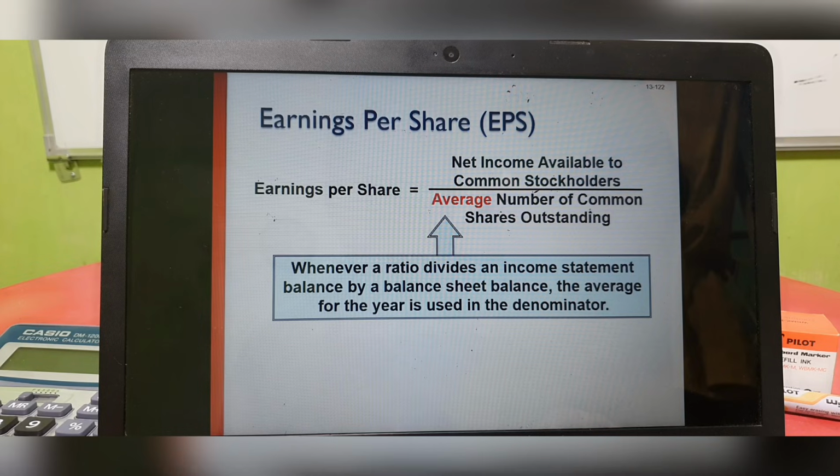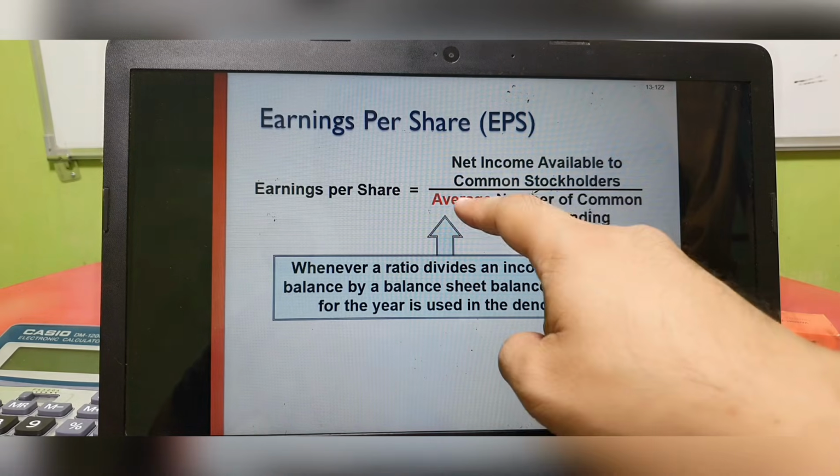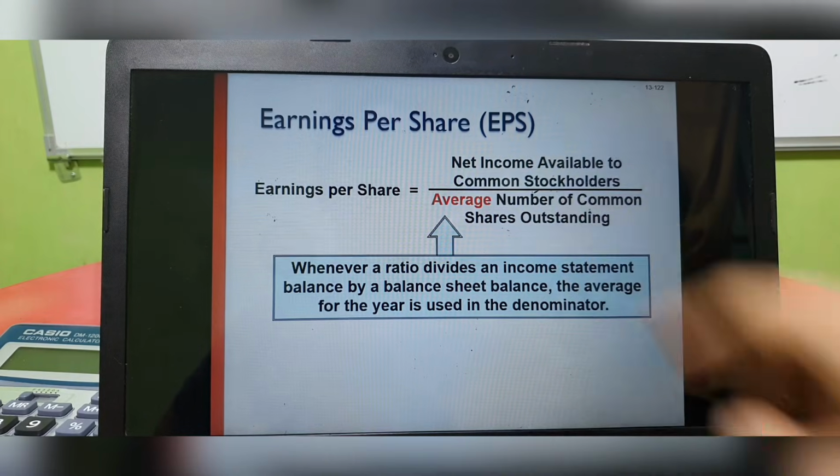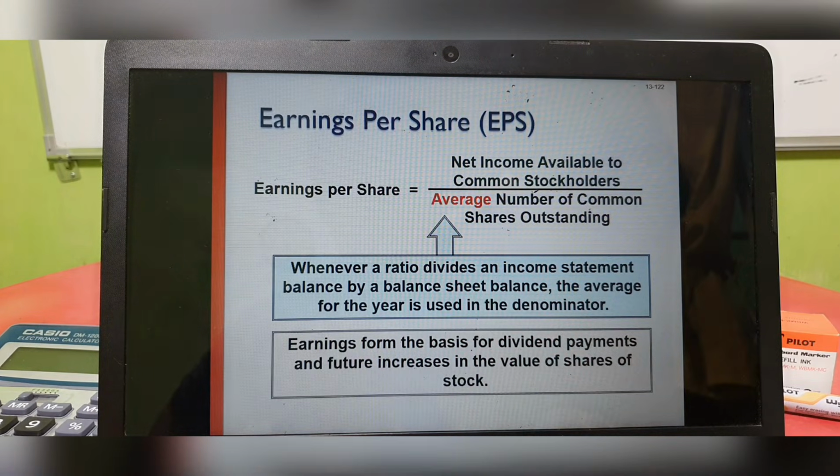So, whenever a ratio divides an income statement balance by a balance sheet balance, the average for the year is used in the denominator. Okay, that's why I highlighted here yung term na average. Ayan.